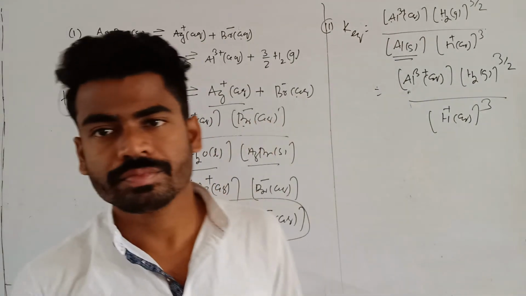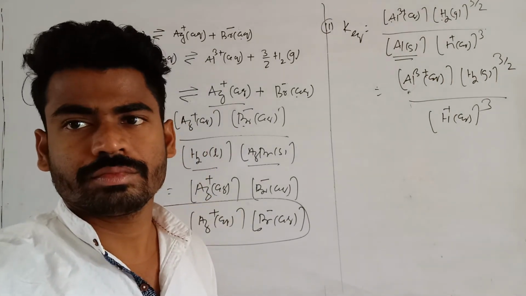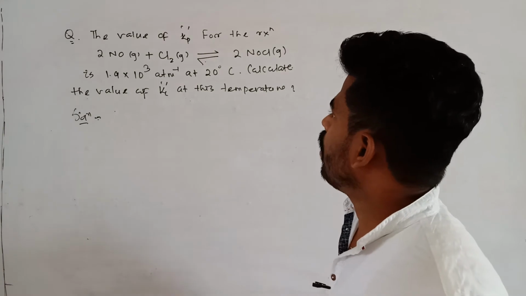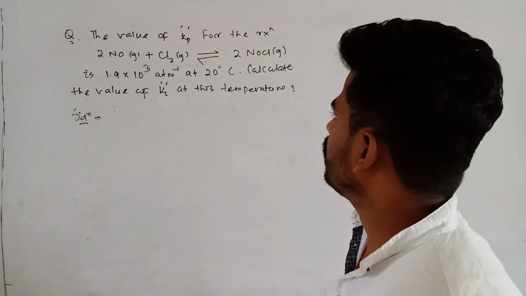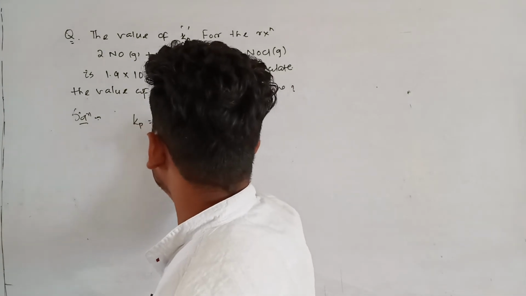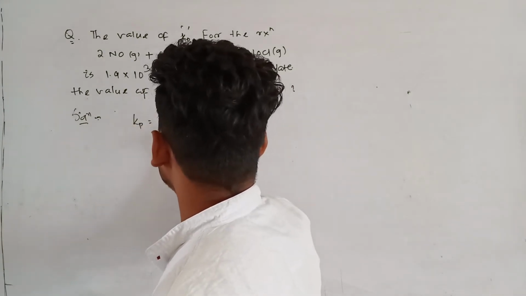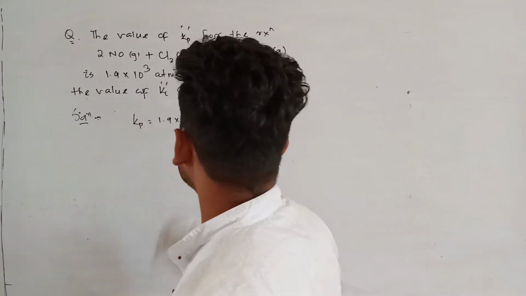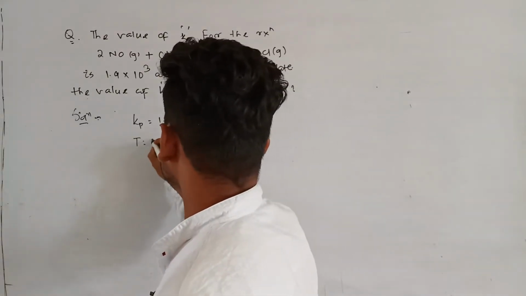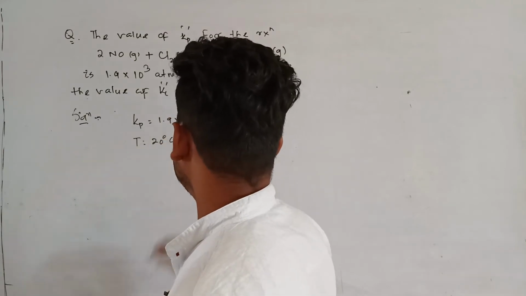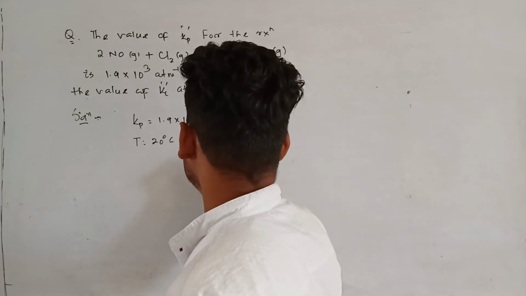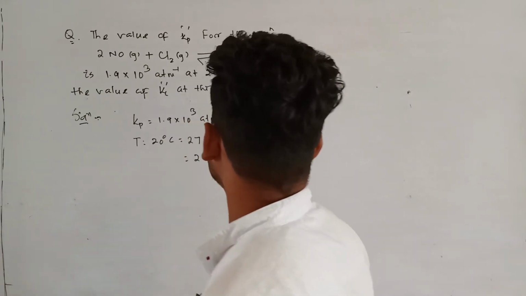Is that clear? Okay. Next, you just see in this numerical the value of Kp for the reaction is given as 1.9 into 10 to the power 3 atm inverse at 20 degrees centigrade. You convert the temperature into Kelvin, 273 plus 20, that is 293 Kelvin.